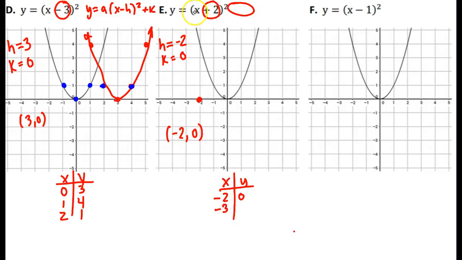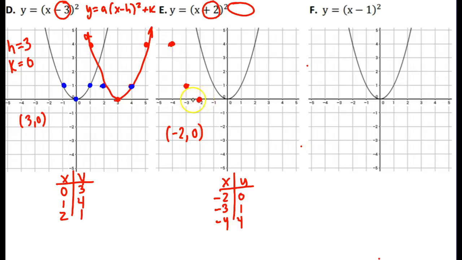When I put in -3, -3 plus 2 is -1. -1 times -1 is 1, so -3, 1. When I put in -4, -4 plus 2 is -2. -2 times -2 is +4, so -4, 4. So let me get rid of this real quick so you can see that last point.